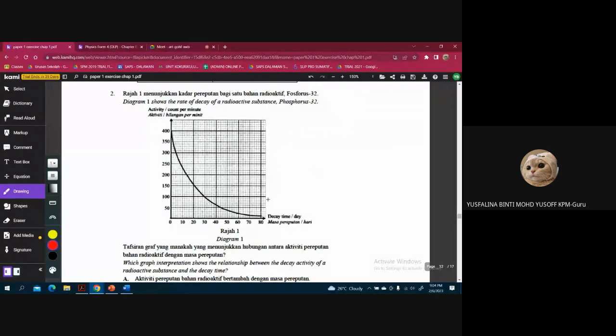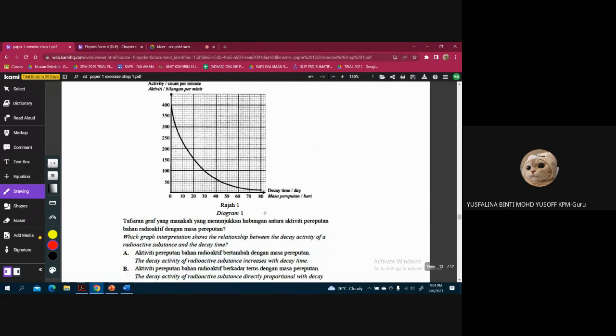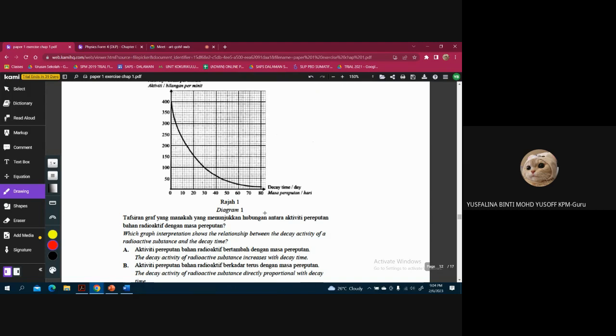So it's starting from 400, then it decreases until here, and cannot intersect with X. Remember for this graph, for the radioactivity, it cannot intersect with X. It says the decay activity increases with the time. I think no. It becomes decreasing, right? Because this amount of substance becomes smaller.